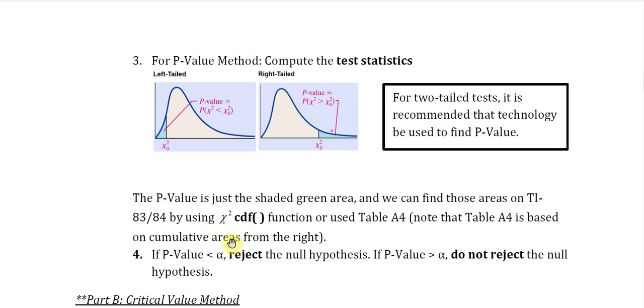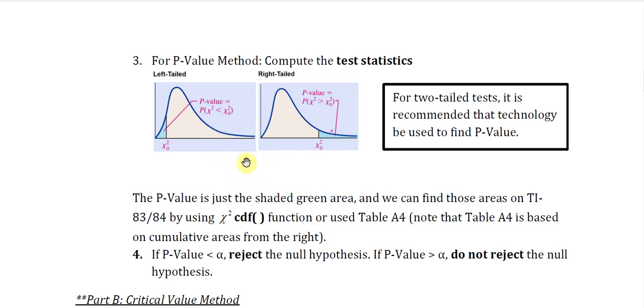So in this section, we mostly focus on the left tail and the right tail for calculation by hand. Now the p-value is just the shaded green area, and we can find those areas on a TI 83 or 84, or by using the chi-square CDF.